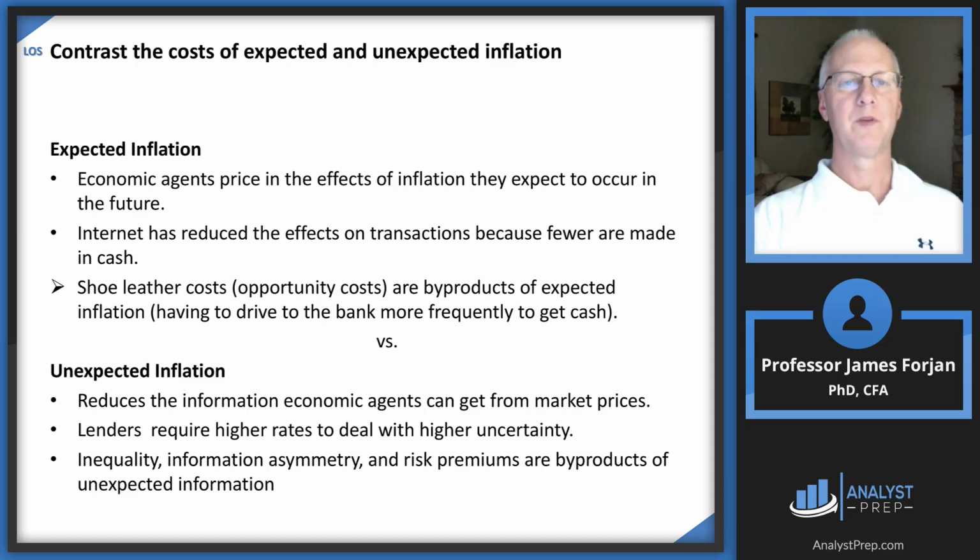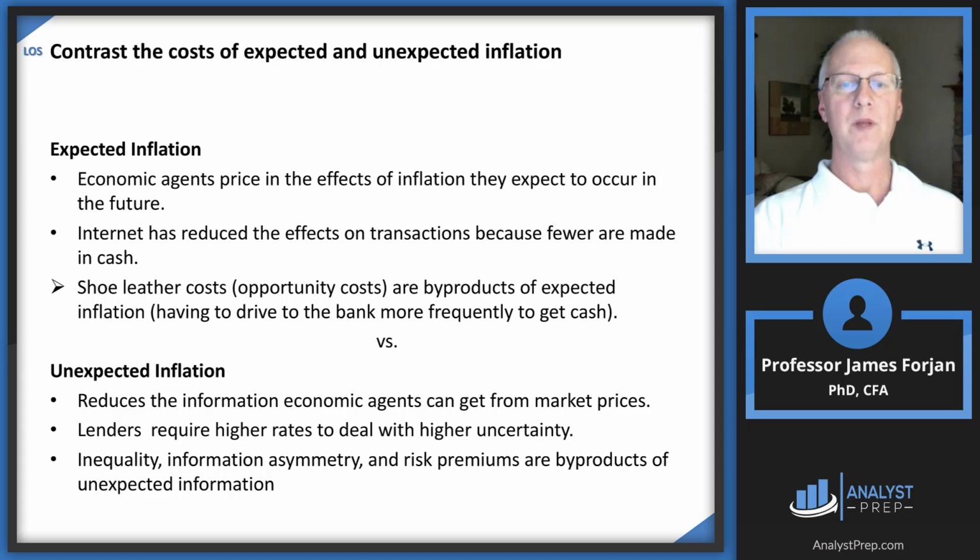How about the difference between expected and unexpected inflation? So I want you to think of it this way. Expected inflation is the expectations for the rate of price changes that everybody agrees on. And so naturally, if we buy a loaf of bread today for $1, we probably think that it's going to go up in price over time because of the natural business cycles, we talked about that in a previous reading.